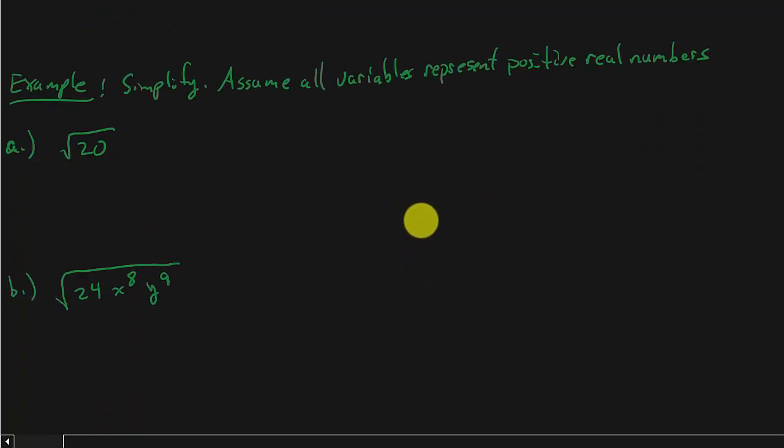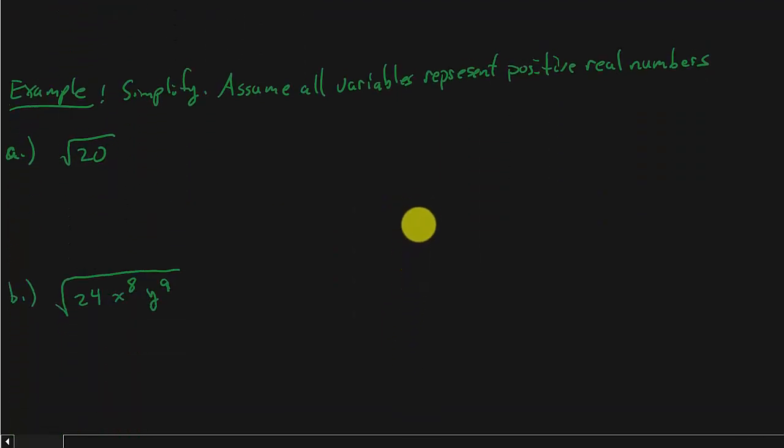All right, so now let's simplify this. Simplify, assume all variables represent positive real numbers. All right, so we don't have to worry about absolute value and all that good stuff. So whenever we're simplifying a radical, there's some rules that you have to follow.